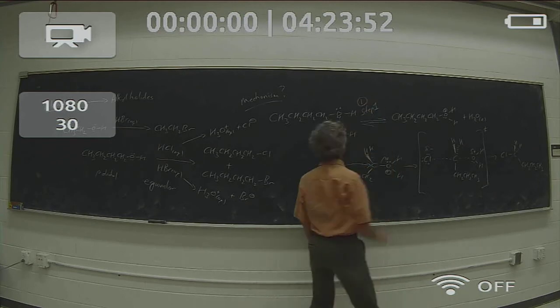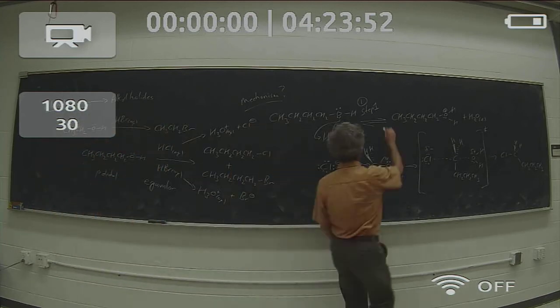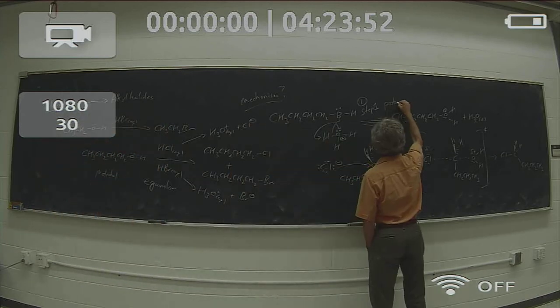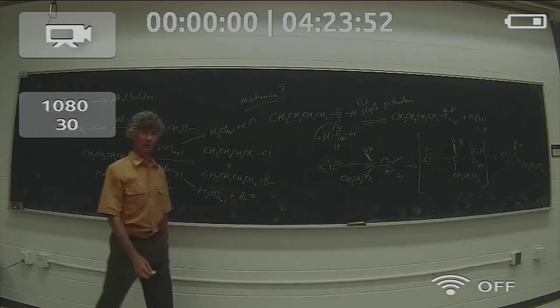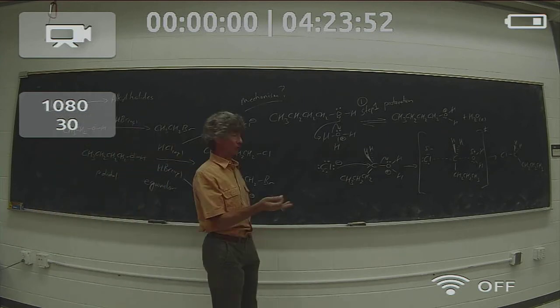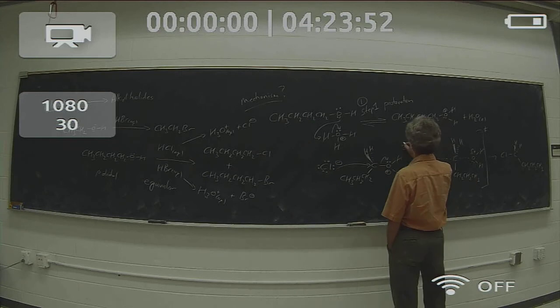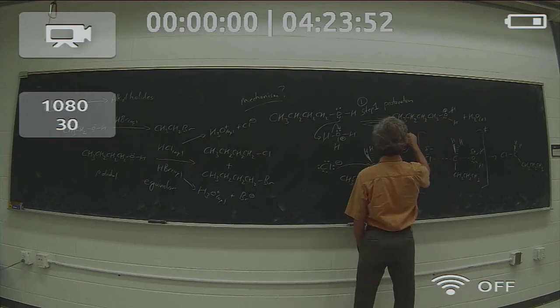Step one is just a protonation, to convert the unfavorable leaving group hydroxide, which won't leave in nucleophilic alkyl substitution, to a favorable leaving group, water. And then step two is an SN2 substitution.